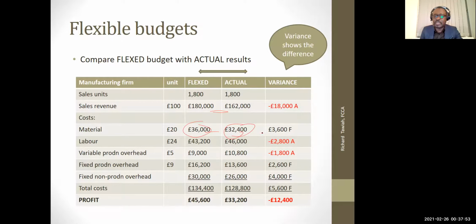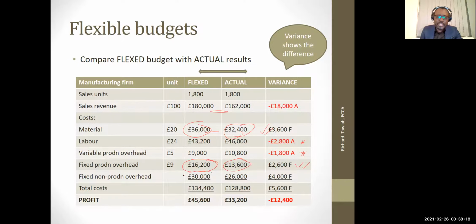So we saved something. The same applies here. Actual was higher than the flexed, so we lost something here, again in terms of the variable production overhead. But when we come to the fixed overhead, realize that when we thought we would have incurred 16,200, we actually spent 13,600. We saved.